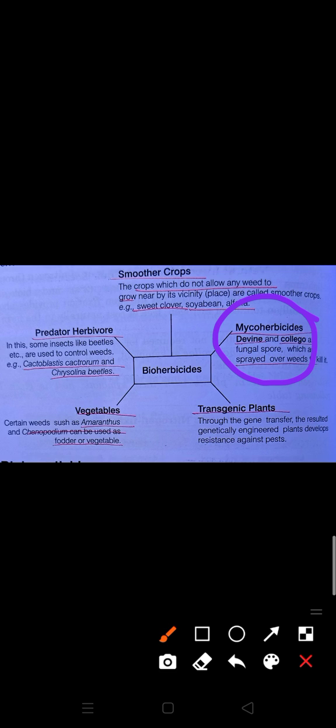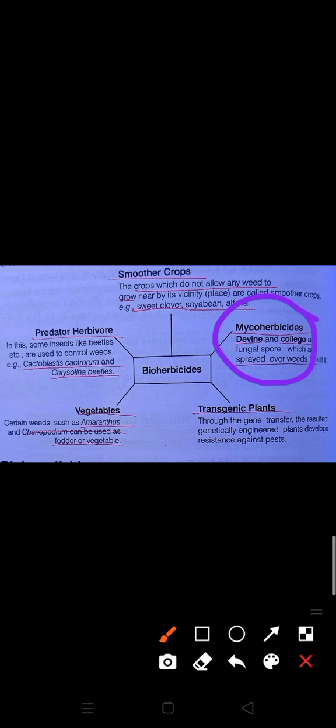Like water hyacinth has been successfully controlled in Florida by the application of one fungus, Cercospora rodmanii. Okay, water hyacinth is a very dangerous type of weed, the terror of Bengal.